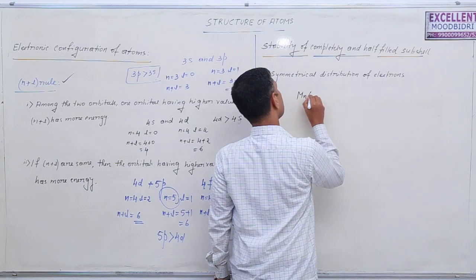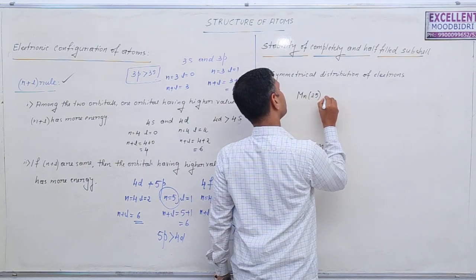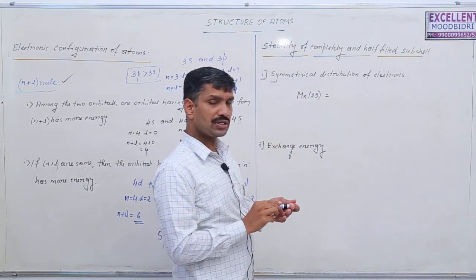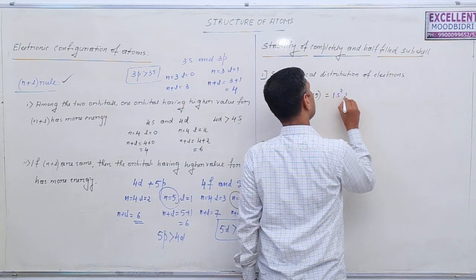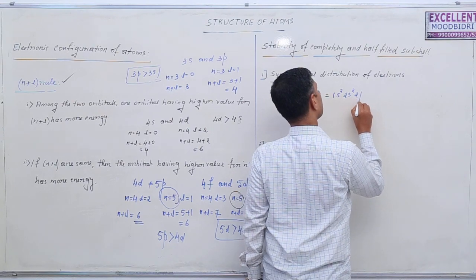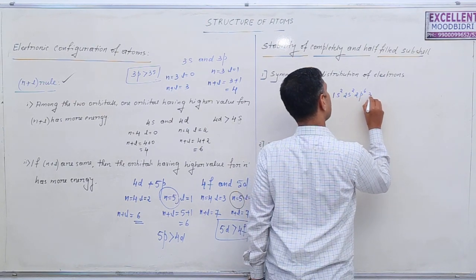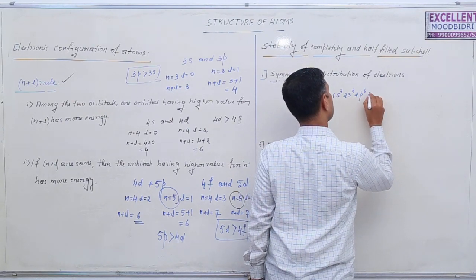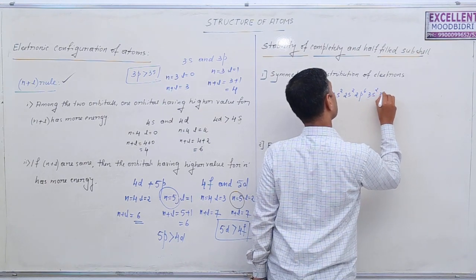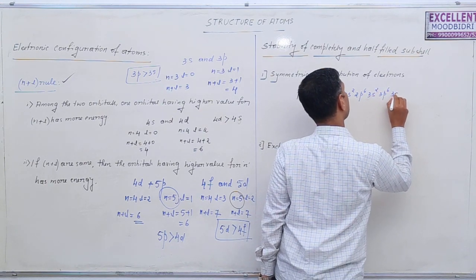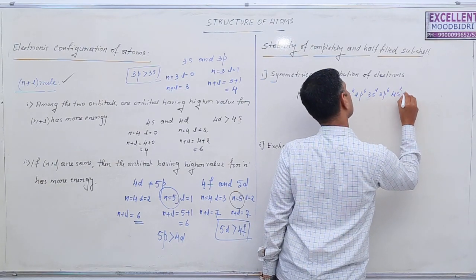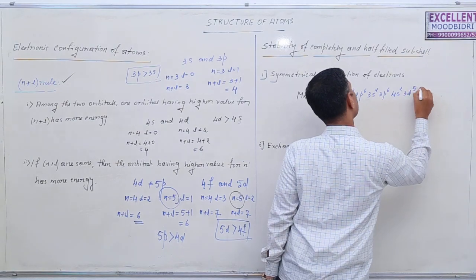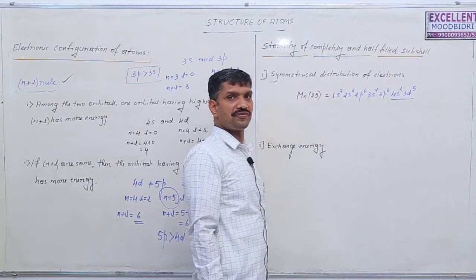Manganese atomic number is 25, so its configuration is 1s2, 2s2, 2p6, 3s2, 3p6, 4s2, 3d5. Here 3d is a half filled orbital.